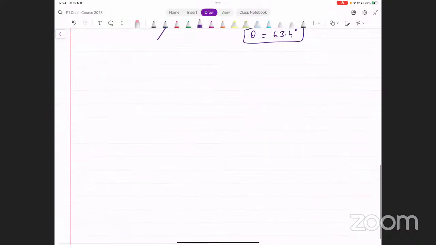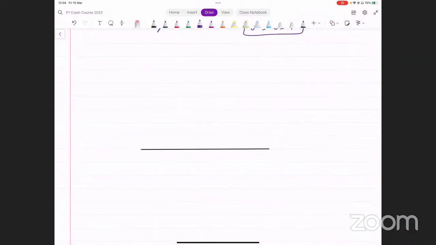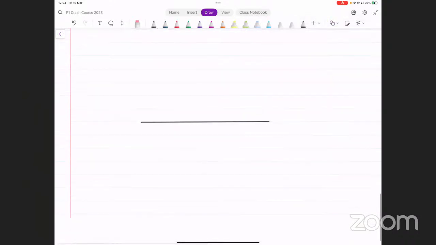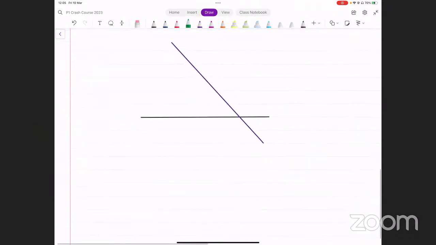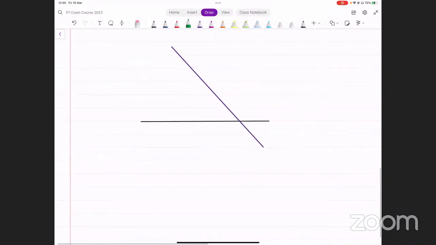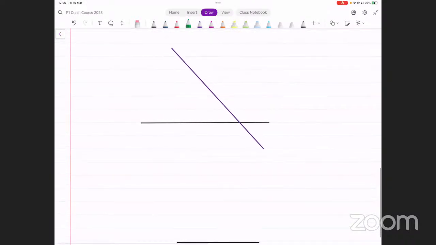Let's take another example. Let's say you have a line like this, and you want to find the angle between this line and the x-axis. Let's say the gradient of this line is given to be minus 1.2.